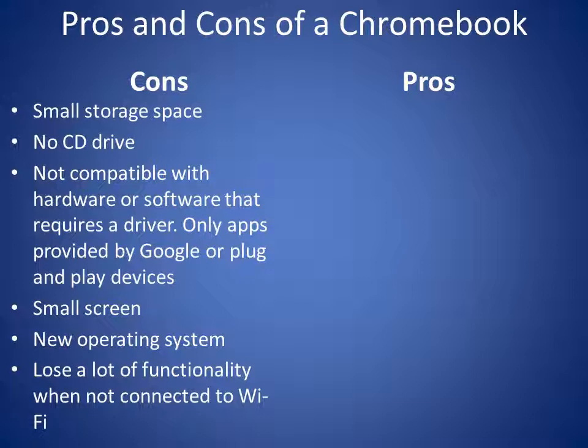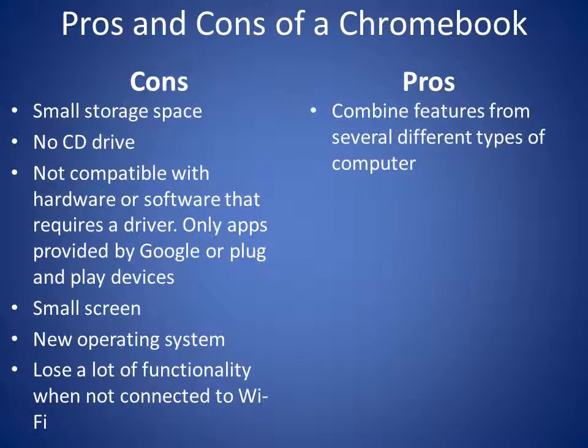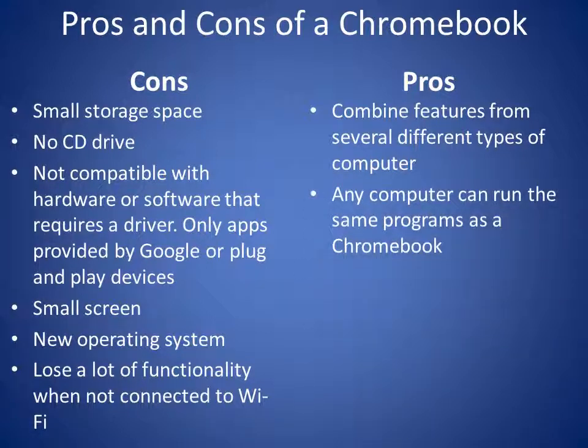As far as the pros go, Chromebook combines features from several different computers and tablets. Any computer can run the same programs as a Chromebook. You just have to install the Google Chrome. So if you only have a class set of Chromebooks and the students can't take them home, they can still access everything on a regular computer just through the Google Chrome website.